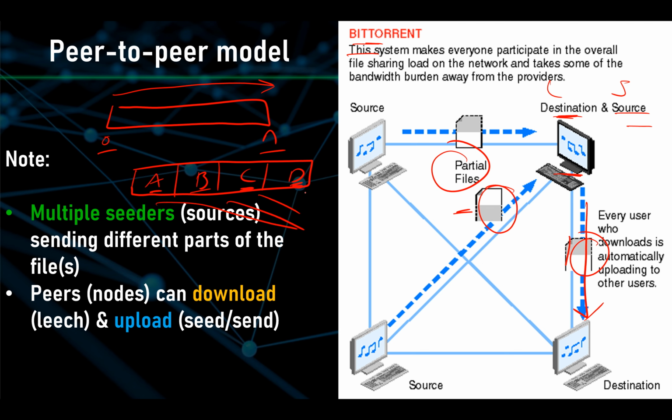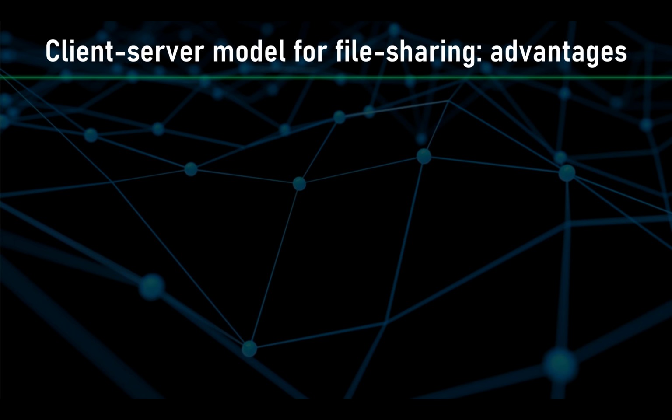So effectively we've got 4 people sending the file to person E simultaneously. So in theory, this could possibly be 4 times faster. But again, this just depends on the connection quality. If you have a client-server model that has a really fast connection, then that could be faster than if we have seeders here with really slow connections.